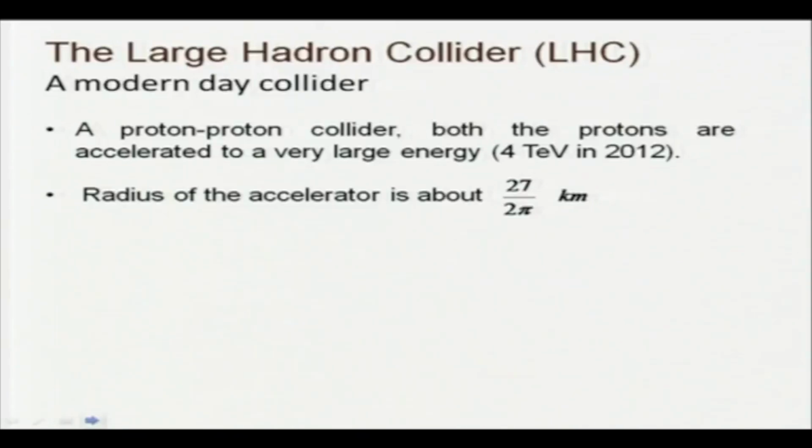So, let us look at this from the point of view of what we have discussed so far. It is a proton-proton collider, and the energy of each proton beam until now was 4 TeV, that is 4000 GeV. So, the total center of mass energy is 8 TeV.